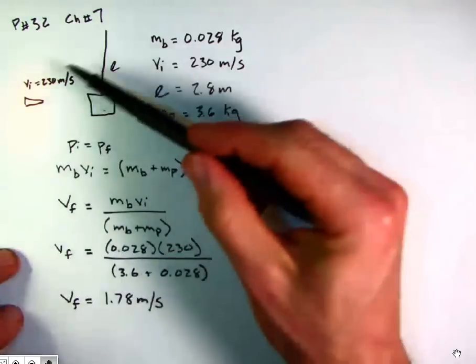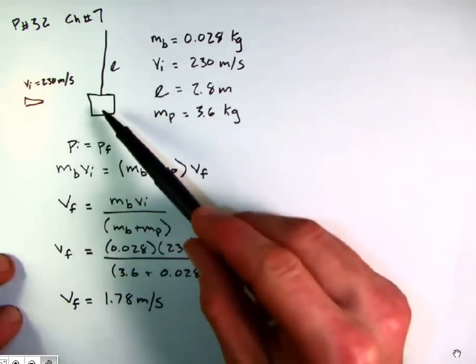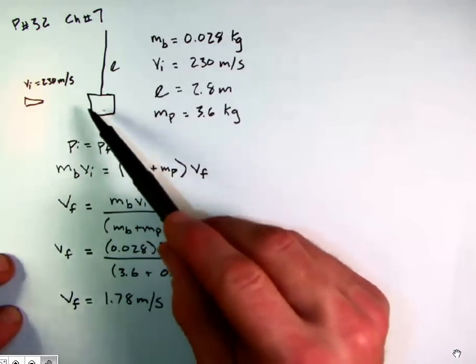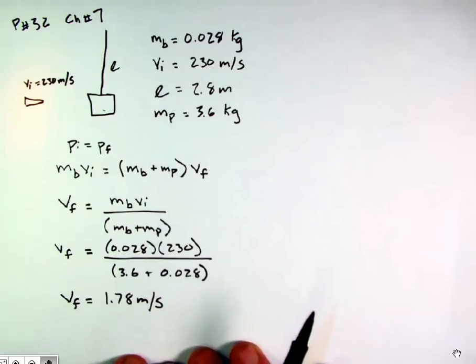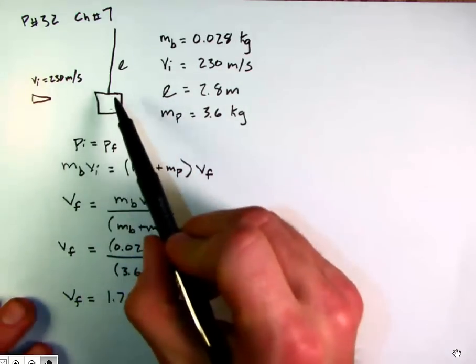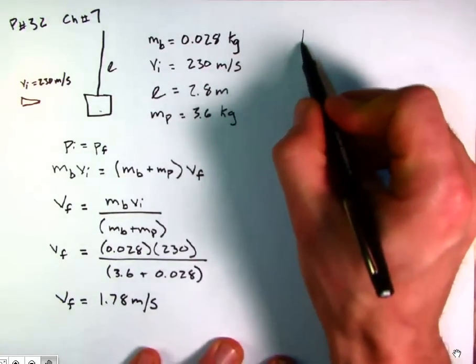So the bullet comes in at 230 meters per second, lodges itself in this block, and then the bullet-block system starts moving to the right at 1.78 meters per second. That was conservation of momentum. But we still haven't answered the question. Part two of the question looks like this.